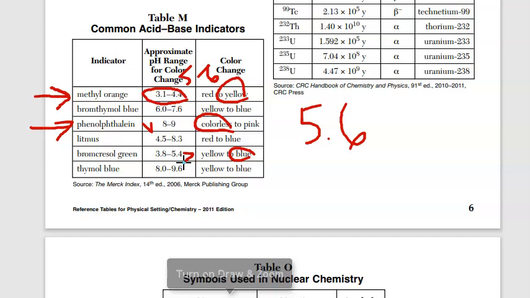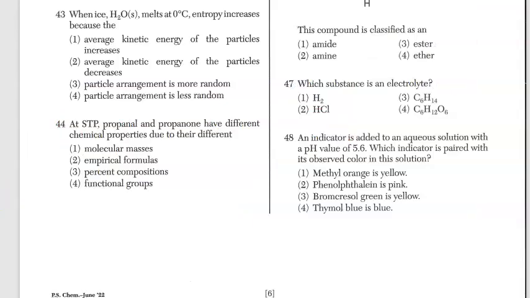And then thymol blue. Thymol blue at 5.6 is going to be to the left, or lower than 8.0, and would be a yellow color. So the only one that matches is methyl orange. That's our answer. Methyl orange, choice 1.